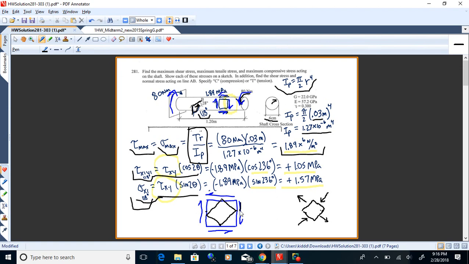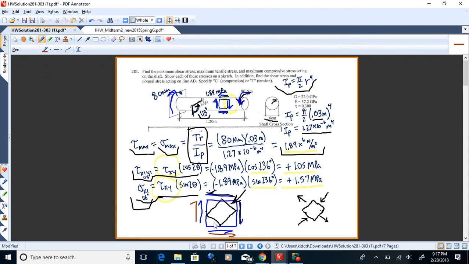So, for instance, I'll take this shear and that shear. I'll mark them in black. If I add those up as a vector, I'll go to the left and down. So on this plane, the normal stress goes to the left and down. I'll come over here and I'll look at these two shears up to the right.